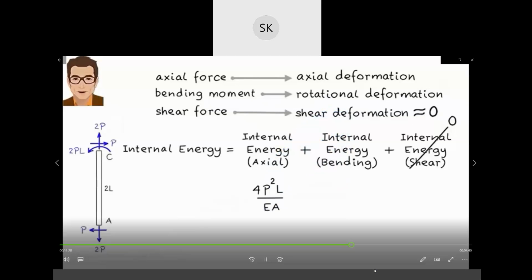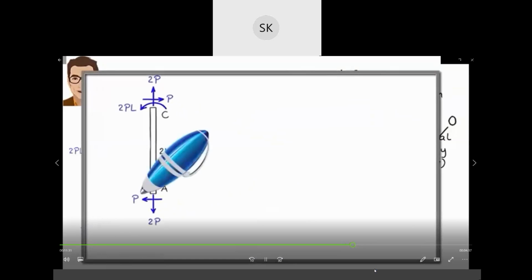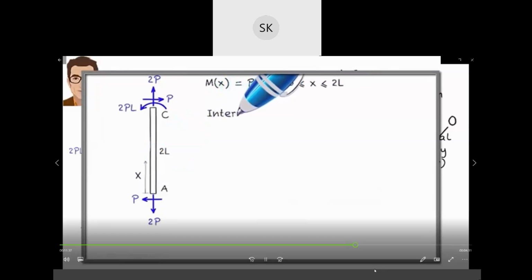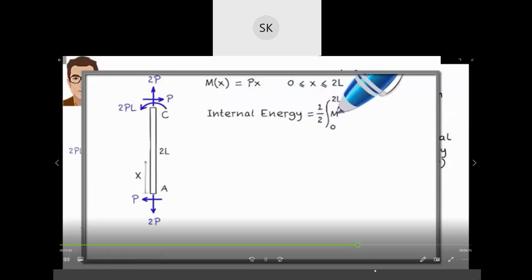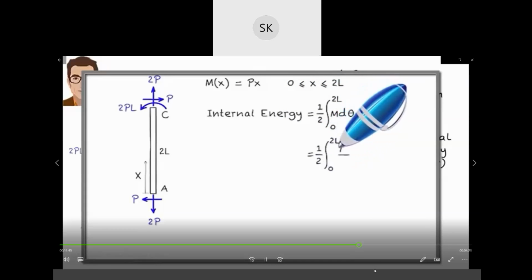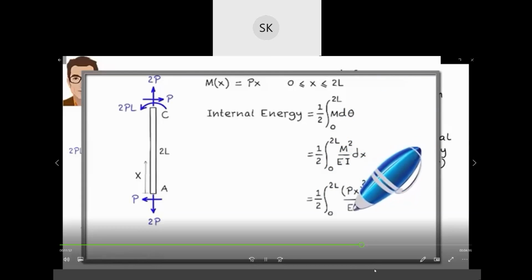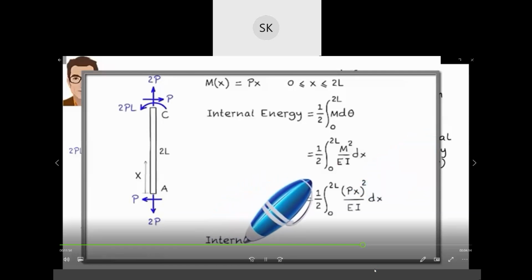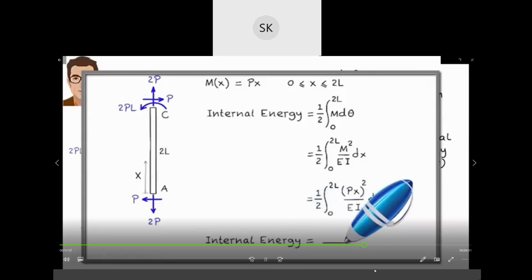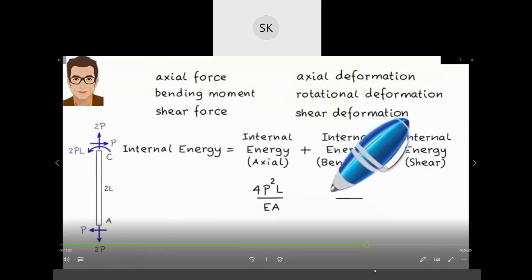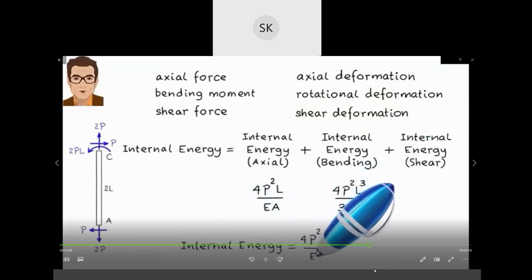To determine the internal energy due to bending, we need to write the member's moment equation. You can write this derivation in your copies also. Pause the video and write in your copy later on. So the internal energy due to bending can be written as, therefore the total internal energy stored in member AC is.